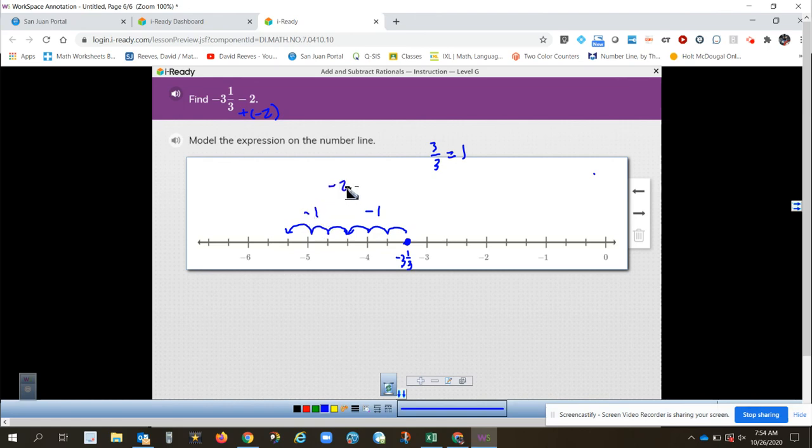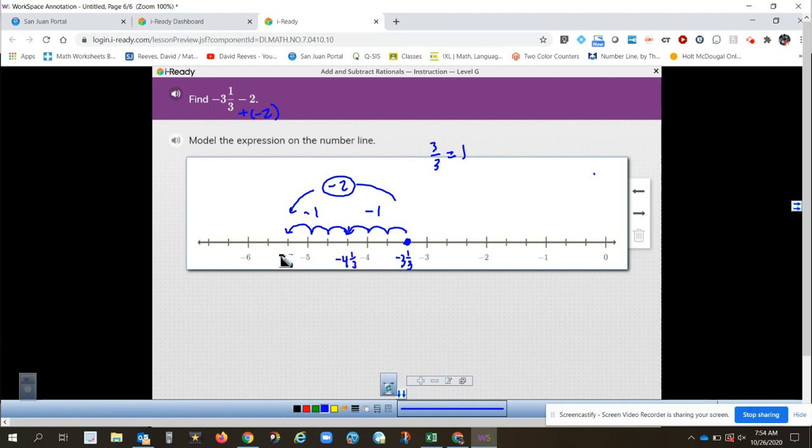So if I put those together, that's going 2 to the left. Since they're thirds, it takes 3/3 to make one. So I went 1, 2, 3, and that's going back 1. And if you think about it, that went from negative 3 and 3/3 to negative 4 and 1/3.